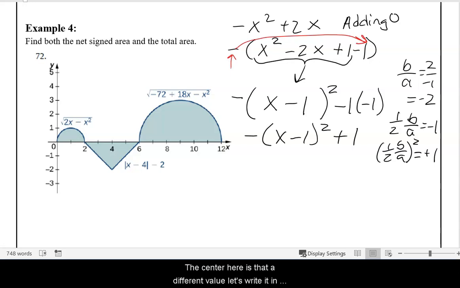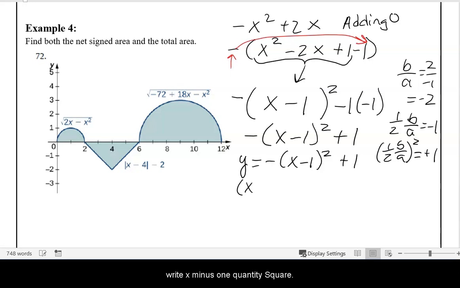The center here is at a different value. Let's write it in terms of y so we can see that. If I wrote y equals negative quantity x minus 1 squared plus 1, and I move the binomial squared to the left, I could write x minus 1 quantity squared. Now, one thing I've forgotten to put in is that this is y equal to the square root of that.